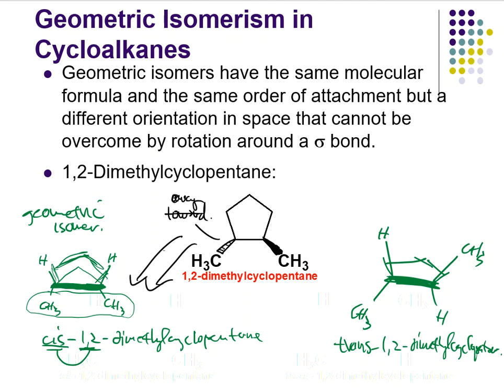So this one is pointed away, this one is pointed toward me, and because they are pointed in opposite directions, this is going to be representation of a trans molecule, and in this case a trans 1,2-dimethylcyclopentane. So it's just a way for us to quickly give you a little bit of detail about the direction of the groups, and that's through the use of a solid and a dashed wedge, and that's why we have them the way that they are. All right, so that's why we do it, and that's how we handle it in an organic chemistry class.